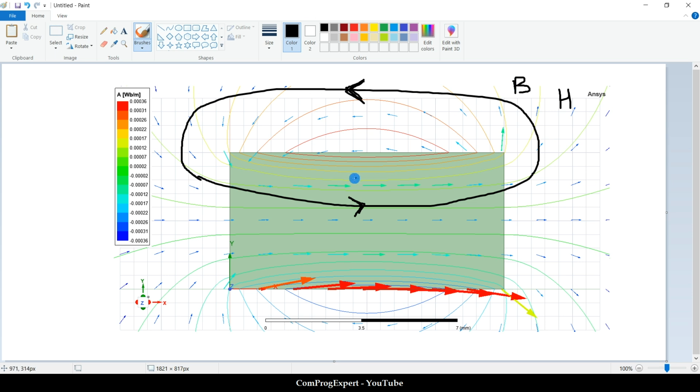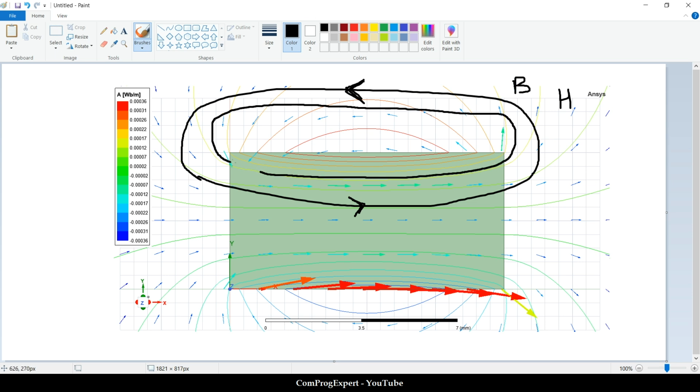For B, if you consider this tube of the flux, if I consider this region, I know that the divergence of B is equal to 0.